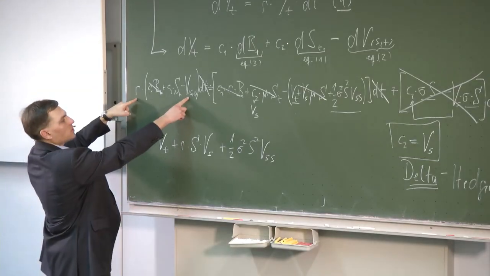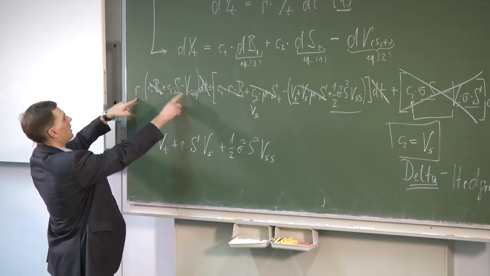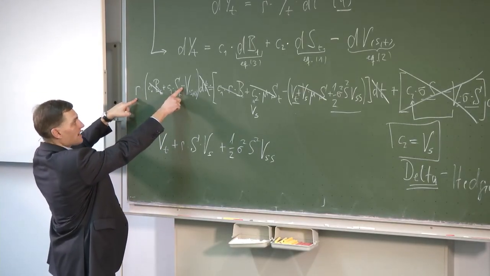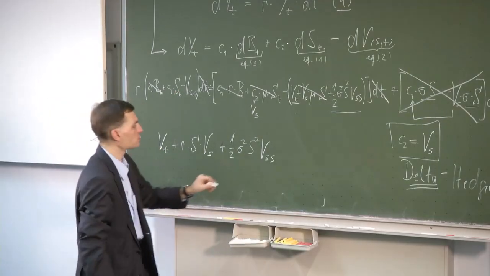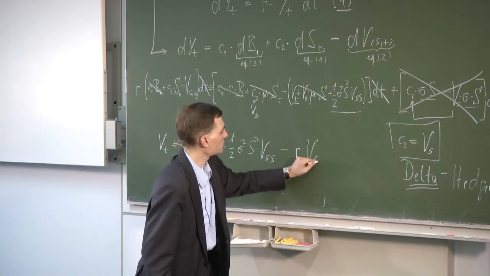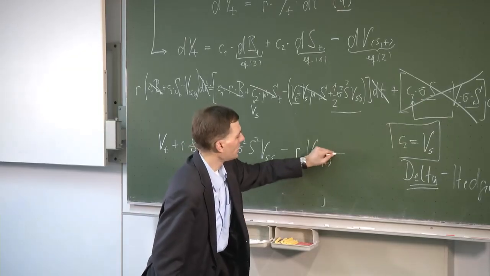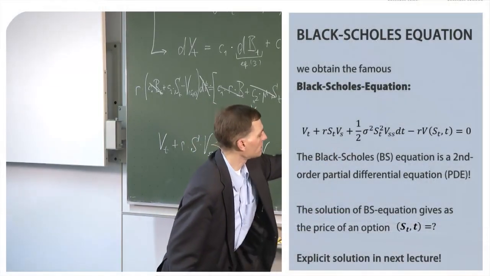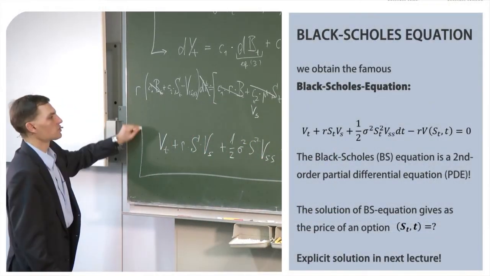And then the final term is this one. It's minus R times the option price function dependent on S and T. And this whole term equals to 0.